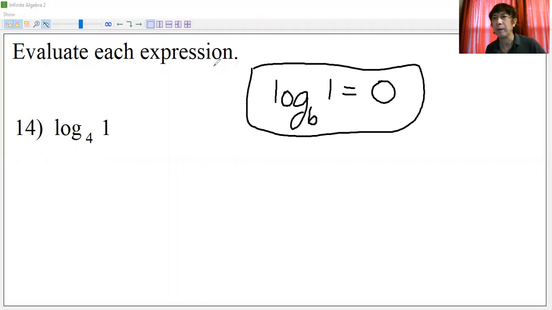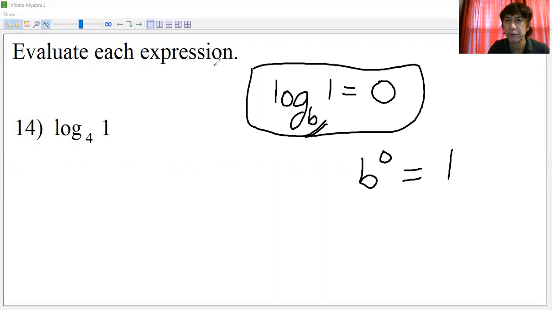Okay, why? Because b raised to 0 is 1. So if you encounter a logarithm of 1, whatever number you have here as base, the answer is always 0. All right, so the answer for 14 is just 0.